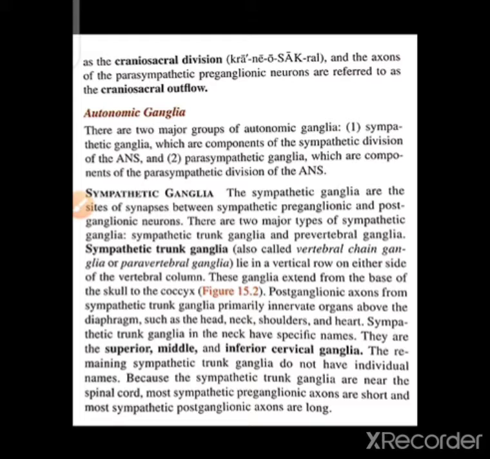The 2 divisions are different, so the ganglia are also different for each.